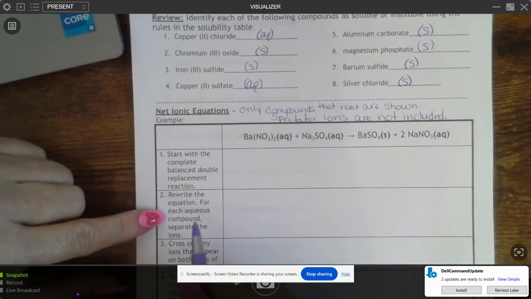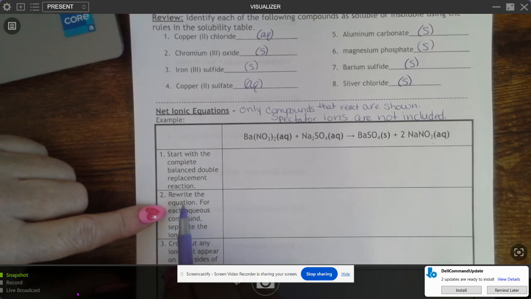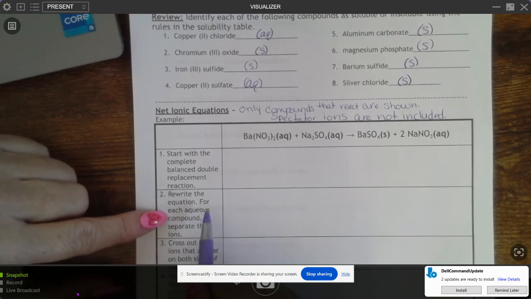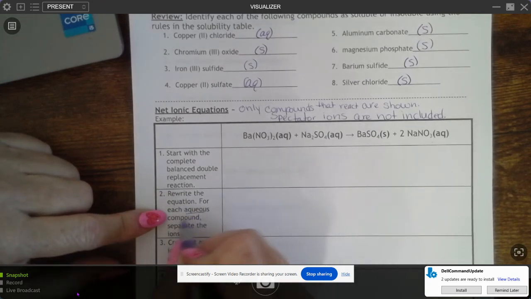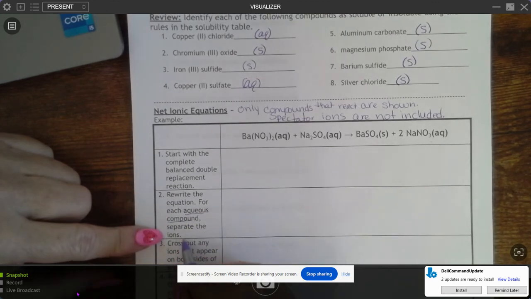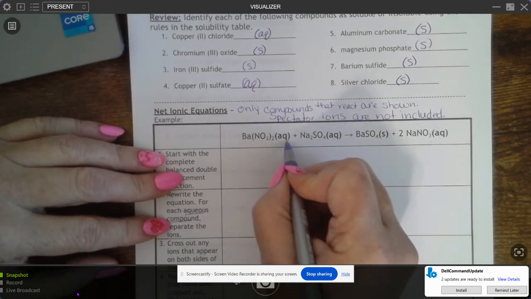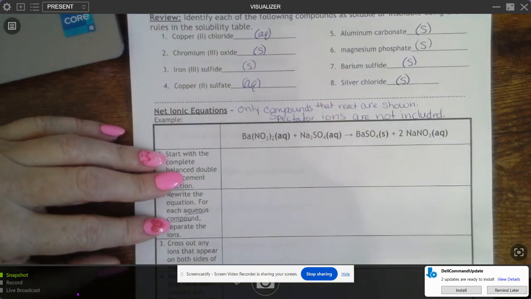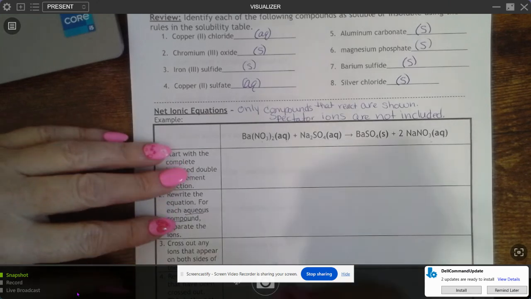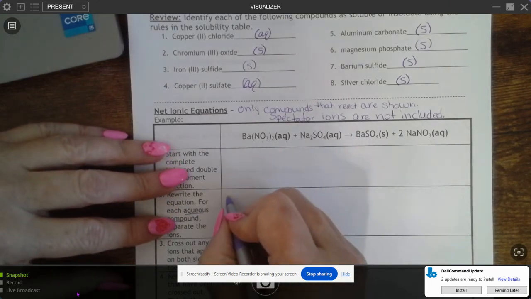Next thing we do is we rewrite the equation. For each aqueous compound, you're going to separate the ions. What I mean by that is barium nitrate is aqueous, so I'm going to break it apart into its ions. We have to remember our charges.